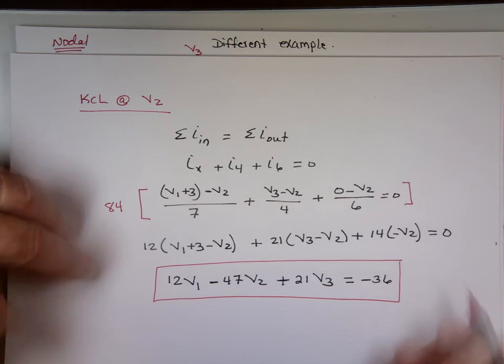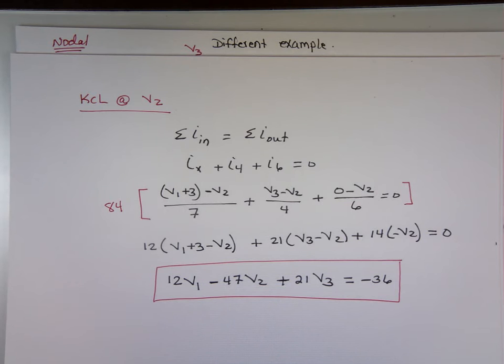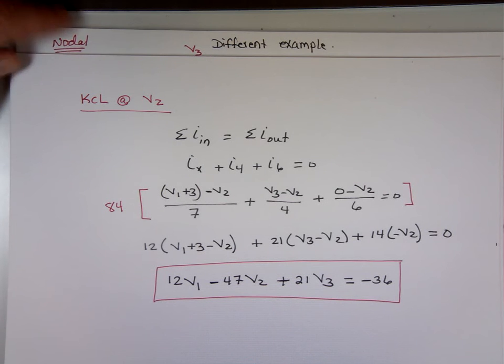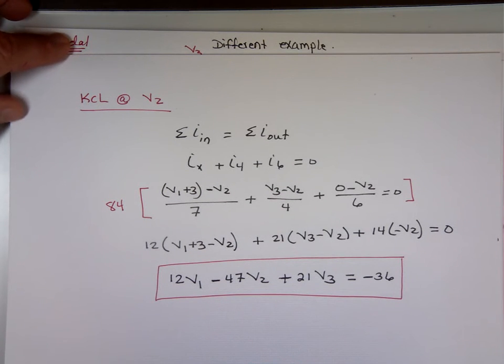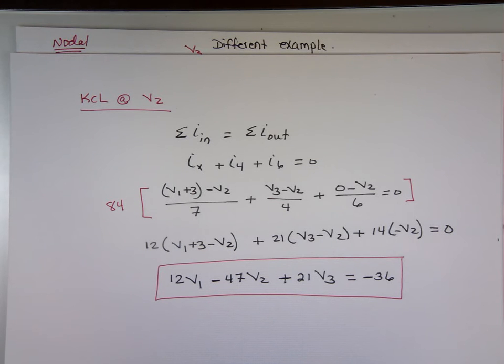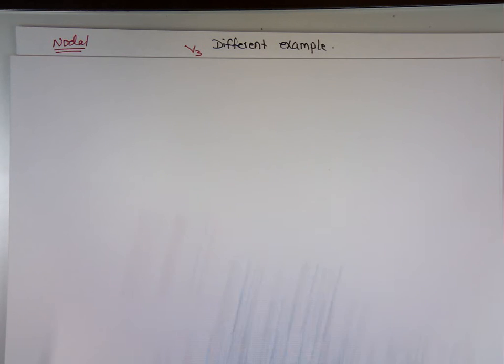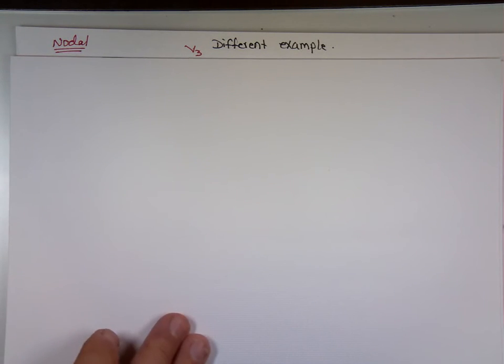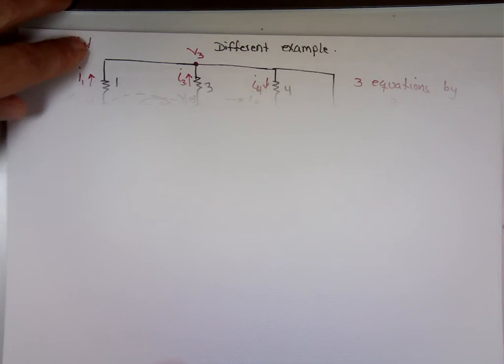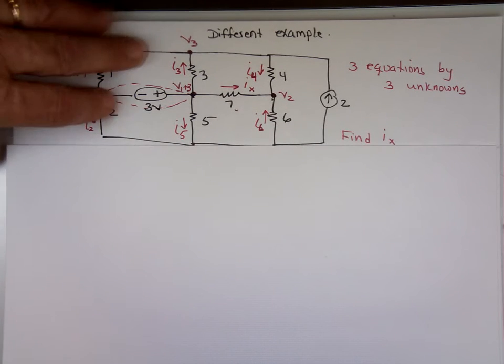I need one more. Then I will have 3 equations by 3 unknowns. So where's my third equation going to come from? That's the source on the right. What are you going to do with the current source on the right? Look. V3. Yep.